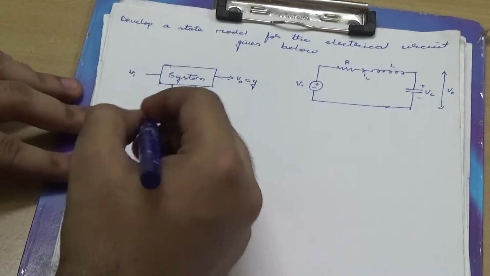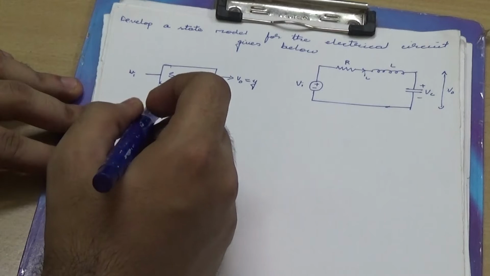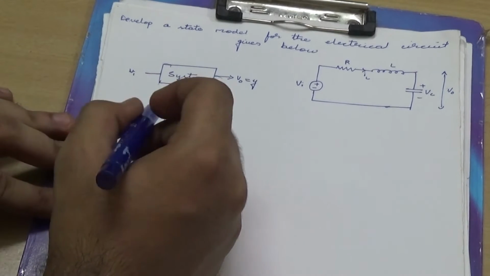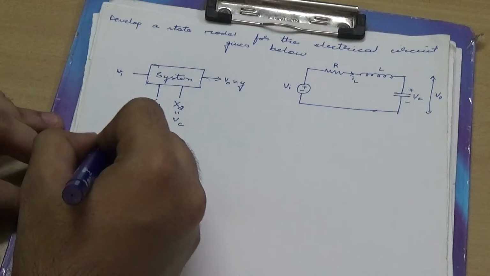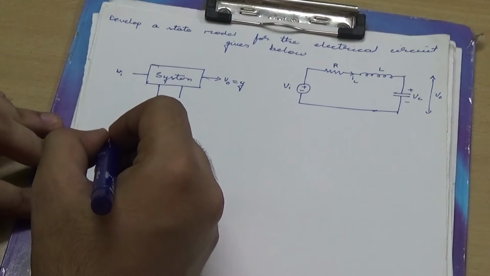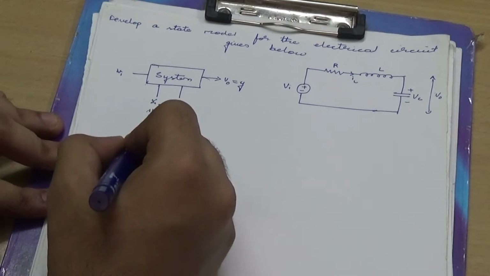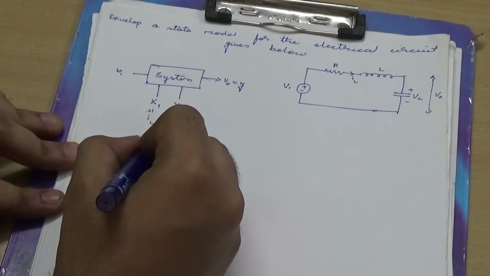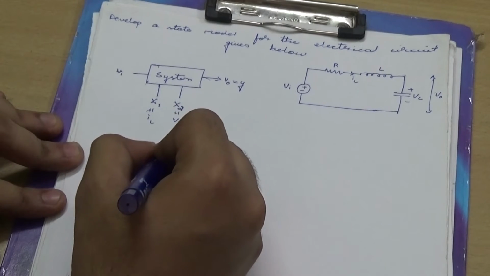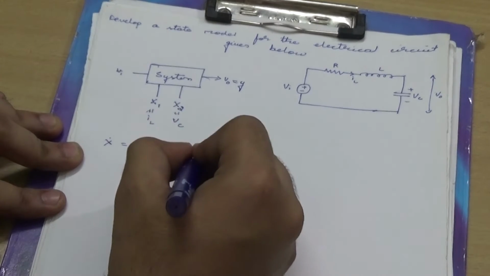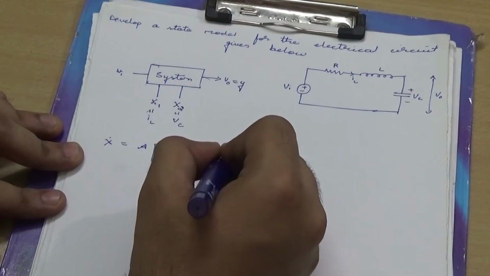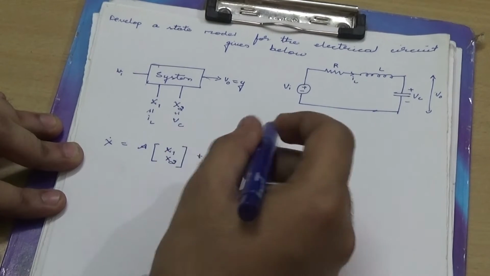Once the basic system is ready, the state model equation is of the form x dot equals A into x1 x2, because there are two state variables, plus B into the input.